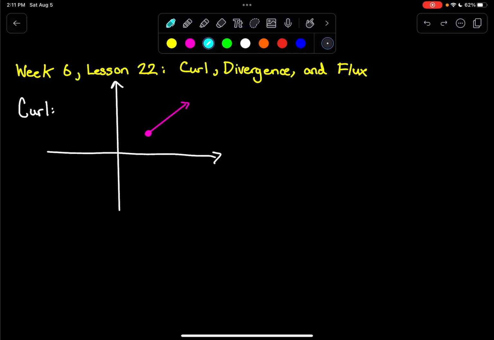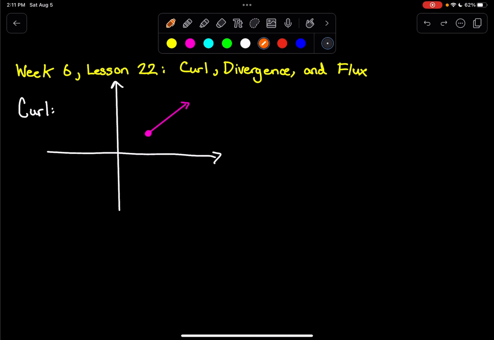Well, if you think about it, back in Calculus 3, we had something that measured how much a vector was changing, or how much a function was changing, and those came in the form of partial derivatives. And specifically, we used to talk about this thing called the gradient.